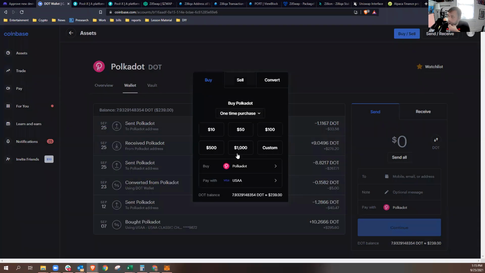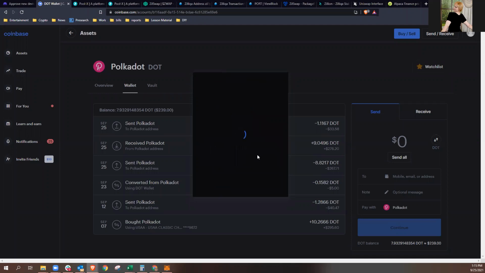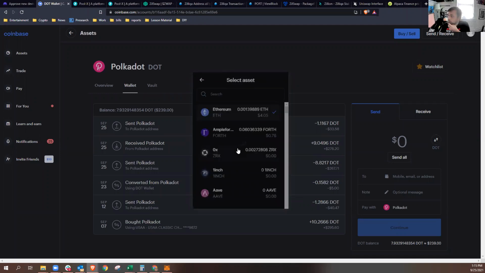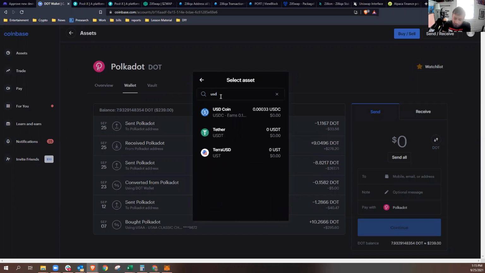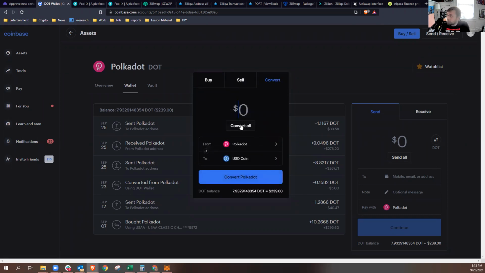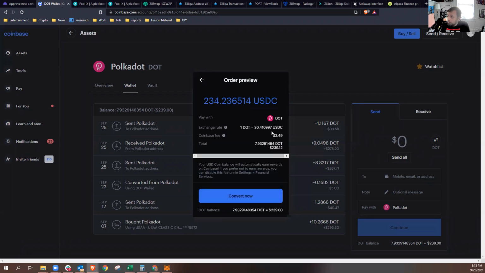Yeah, I would convert it from Polkadot to US dollar coin. I'm going to have to search for it since they have so many coins. Back when I started doing crypto, there were only about like 7 assets on Coinbase. It was insane. All right, so if I wanted to convert them all, I would have to pay a $3.49 fee. That's not bad at all. That's a decent trade.